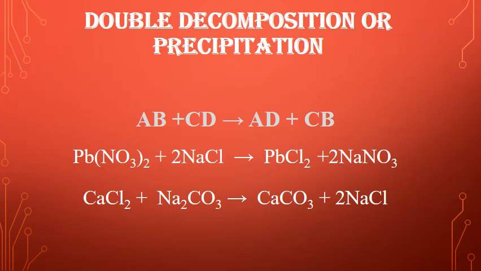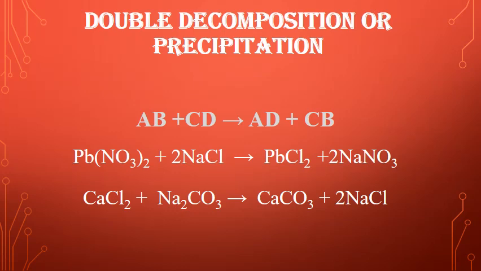The last method which we come to in the preparation of salts now is double decomposition or precipitation. You know, a double decomposition reaction involves nothing but an exchange of the basic and the acidic radicals between two compounds. So AB reacts with CD, gives you AD plus CB. So there has been an exchange of the basic and acidic radicals.